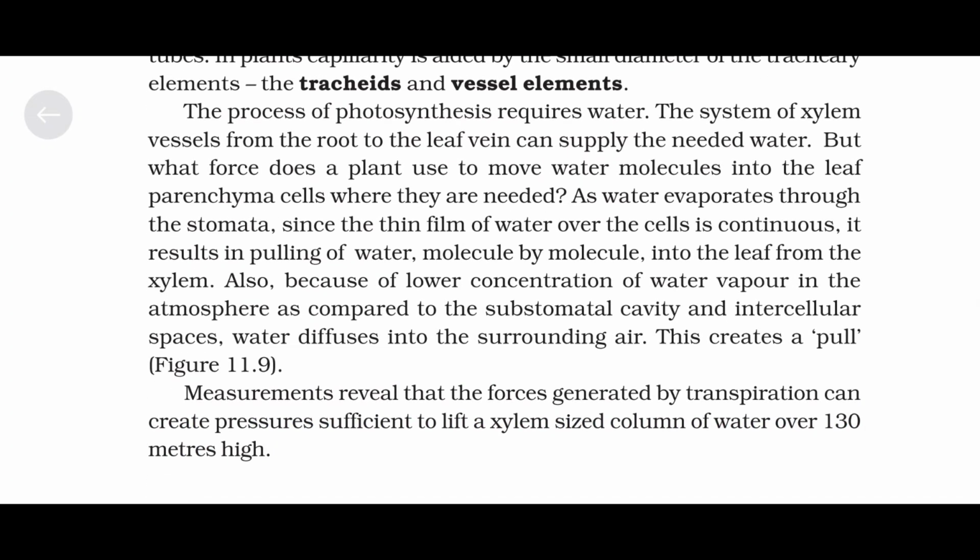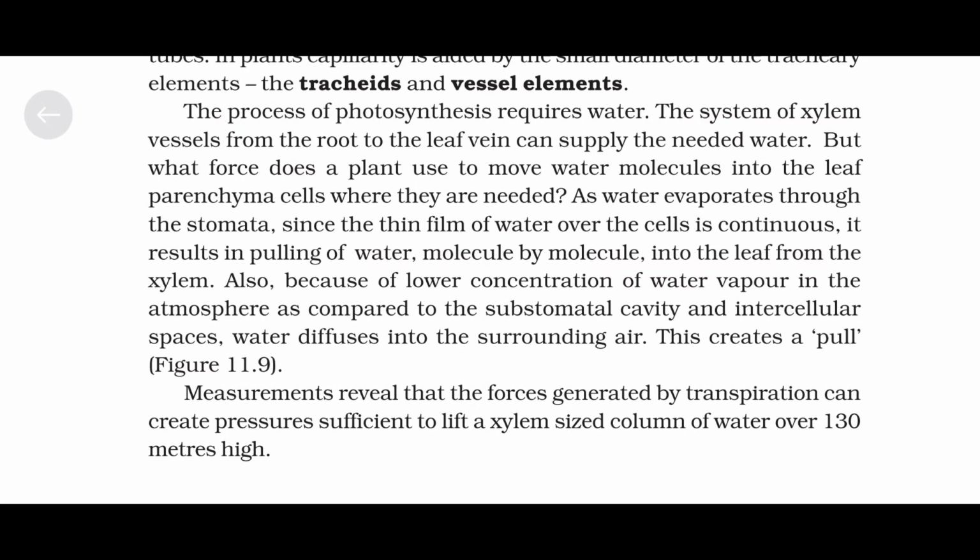The process of photosynthesis requires water. The system of xylem vessels from the root to the leaf vein can supply the needed water. But what force does a plant use to move water molecules into the leaf parenchyma cells where they are needed? As water evaporates through the stomata, since the thin film of water over the cell is continuous, it results in pulling of water molecule by molecule into the leaf from the xylem.